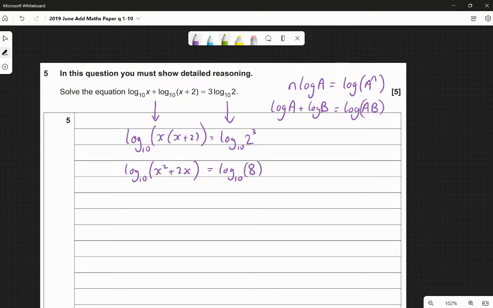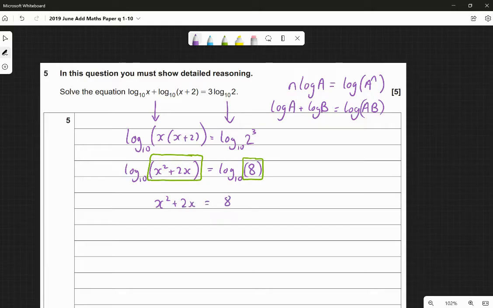Now notice something. On the left side, I've got log base 10 of this thing is equal to, on the right side, log base 10 of this thing. So those two things must be equivalent. They must be equal to one another. So my next line will simply state that x squared plus 2x has to equal 8.